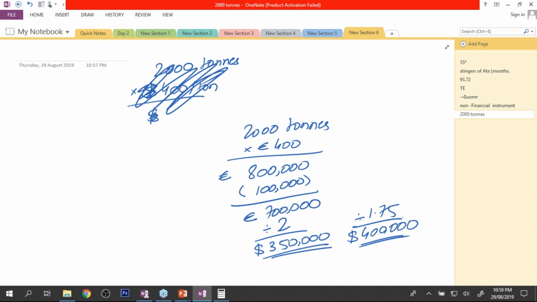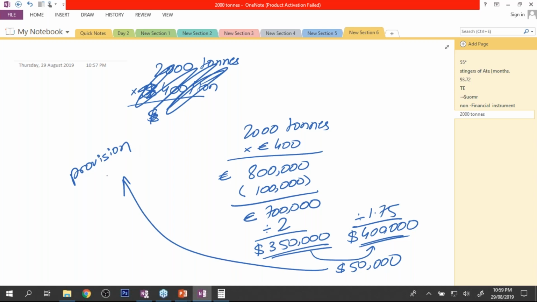This means that because of the exchange rate, I would be at a loss of how much? $50,000. So a provision of $50,000 should be recorded, as the contract is an onerous contract, as it is resulting in a loss, which loss we are not expecting to be reversed.